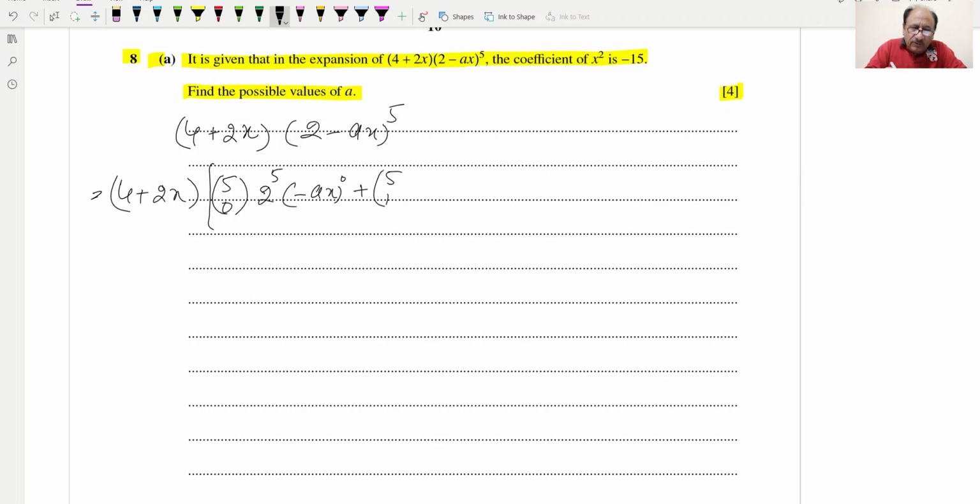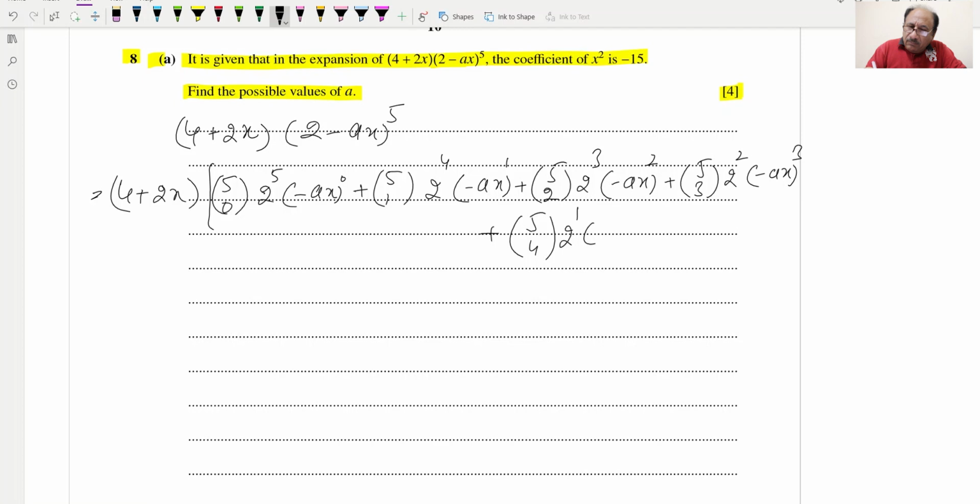So plus 5c1, and it will be 2 raised by 1 less, which is 4, and minus ax raised to the power 1, plus 5c2, and it will be 2 raised to the power 3 and minus ax raised to the power 2, and plus 5c3, and this will be 2 raised to the power 2 and minus ax raised to the power 3, and plus next term will be 5c4 and 2 raised to the power 1 and minus ax raised to the power 4, and the last term will be 5c5 and 2 raised to the power 0 and minus ax raised to the power 5, and bracket will be closed.